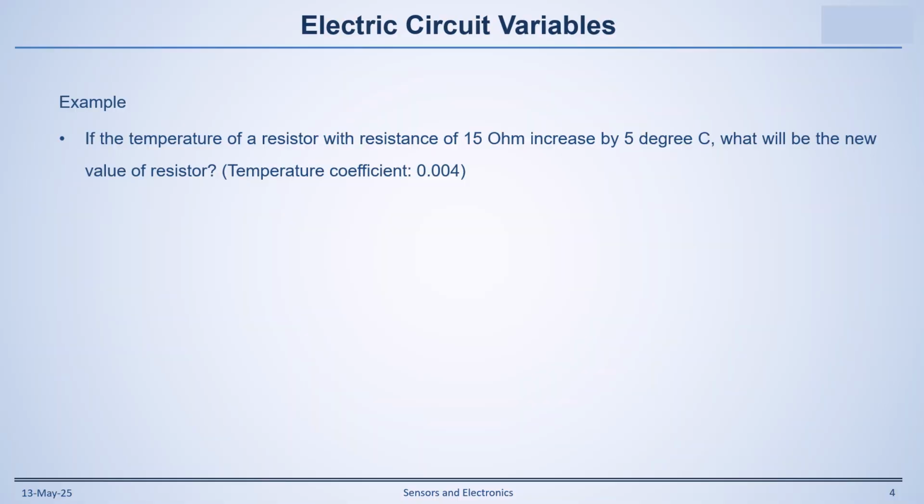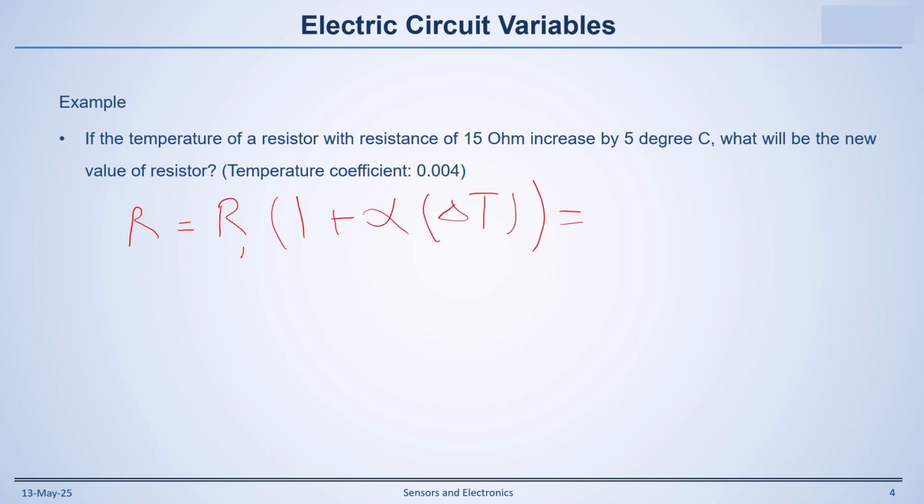As an example, if we have one resistor with a resistance of 15 ohm, and we increase the temperature by 5 degrees, how much will the new resistance be? The temperature coefficient is 0.004. So we have this equation.